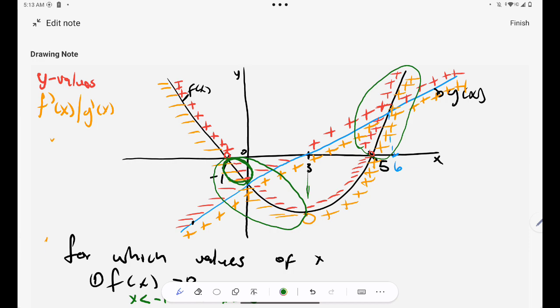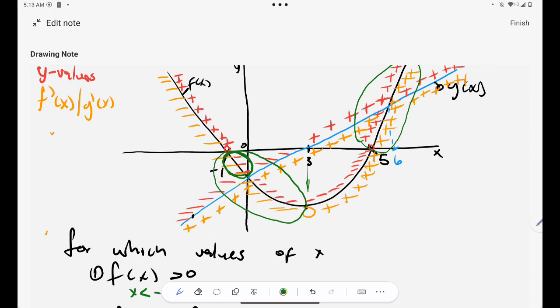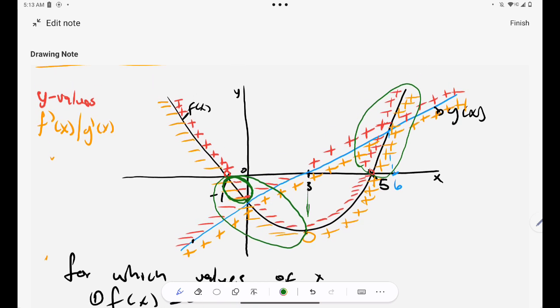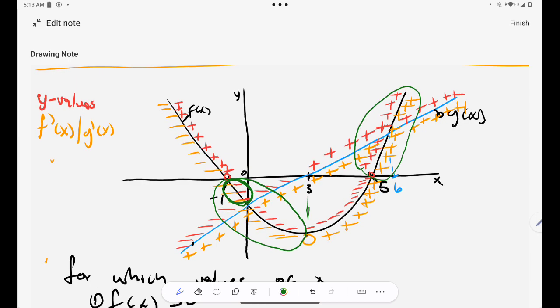If your graph is going up, it simply means your graph is increasing. If it's going down, it simply means your graph is decreasing. Are you together? And then y is positive whenever your graph is above the x-axis, and y is negative whenever your graph is below the x-axis. It's as simple as that, guys. Please apply these.